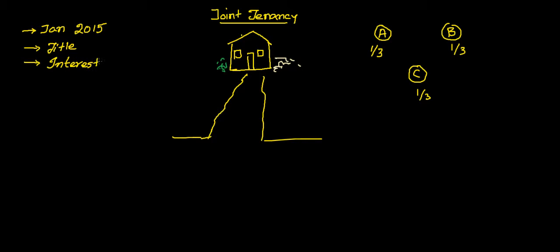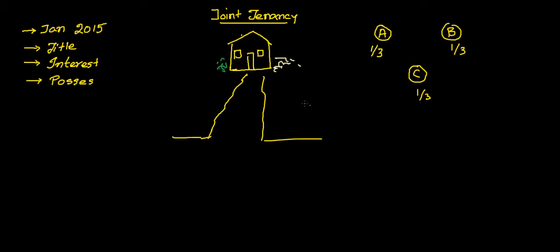And also they have to possess, they have to possess the property in order to be part of the joint tenancy. So think about it, they are all equal, they're staying there.